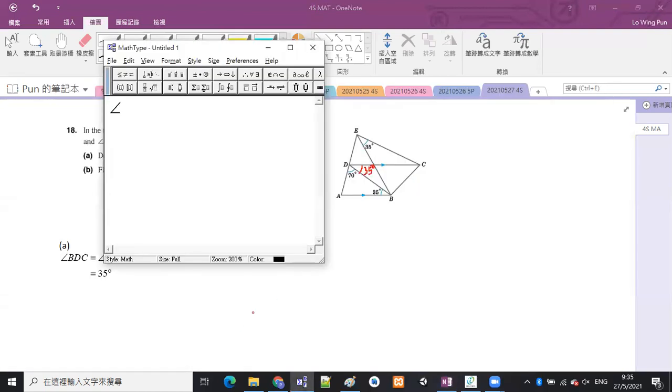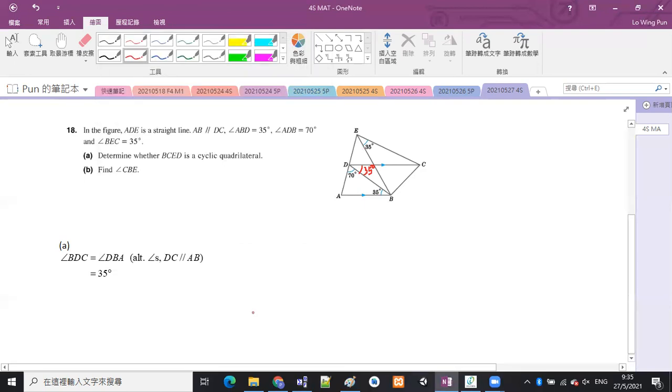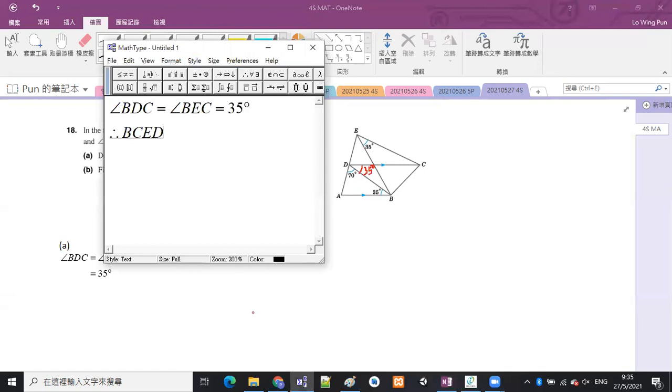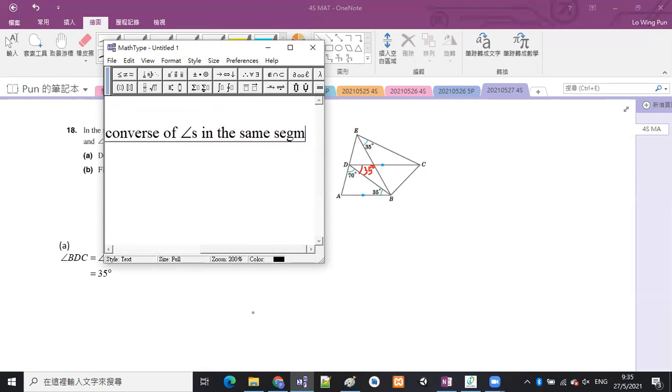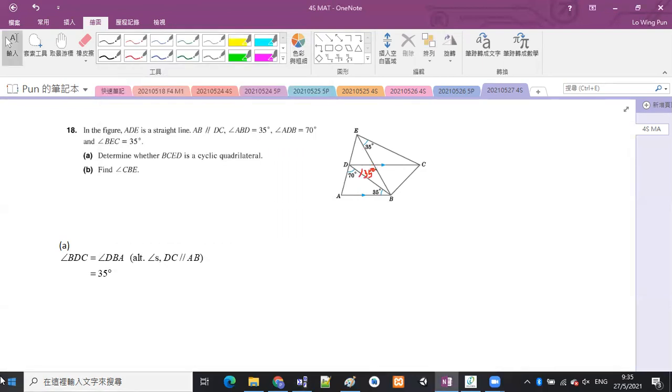So I found that angle BDC is equal to angle BEC, and they are both equal to 35 degrees. Therefore, I can conclude that BCED is a cyclic quadrilateral. And the reason I have used this time is the converse of angles in the same segment. So that is part A.